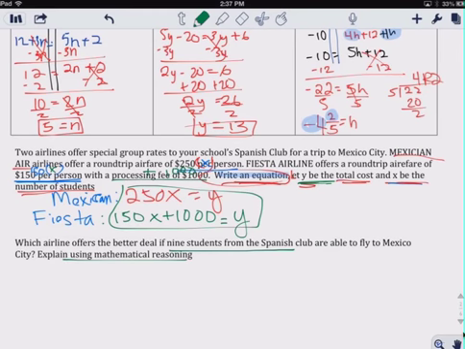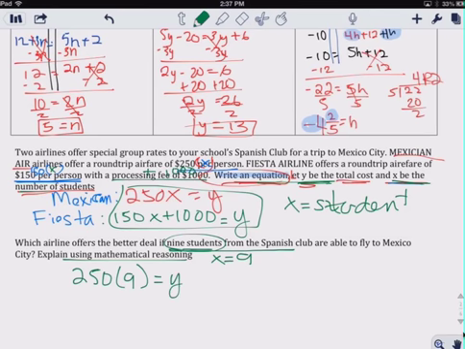Okay, so 9 students, x equals 9. x represents the number of students, says here. So x is 9, so we got 250 times 9 equals y, the total cost. That's the first one. We substitute the x for 9.